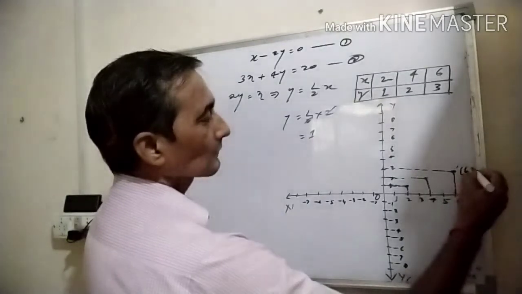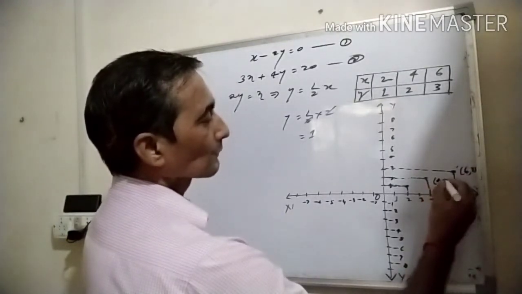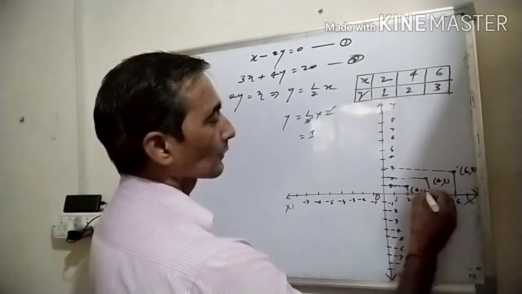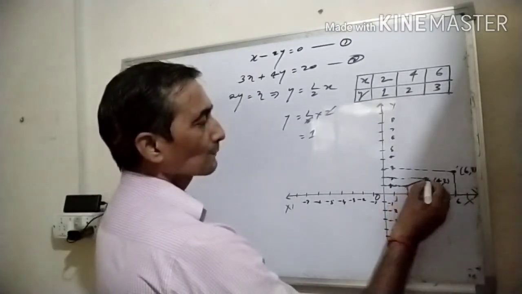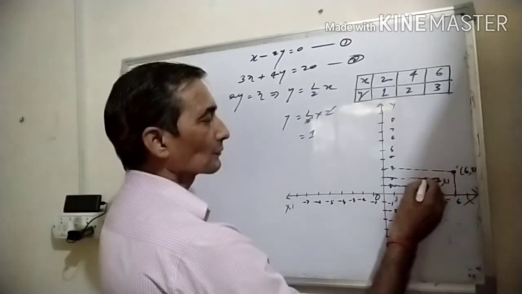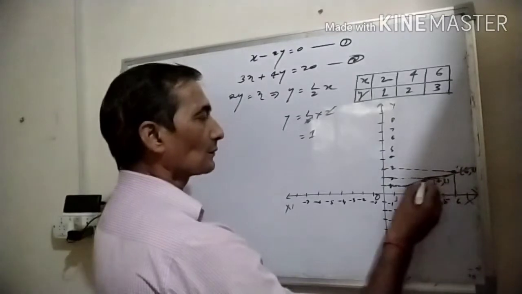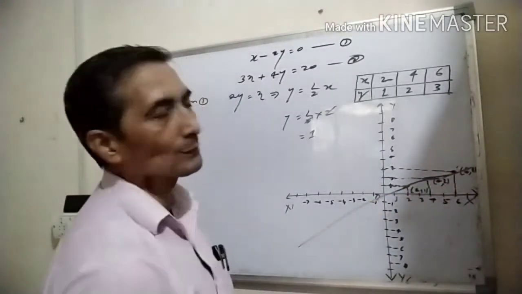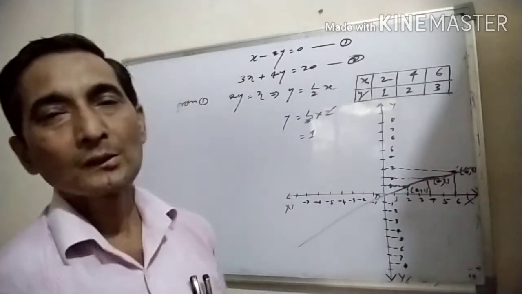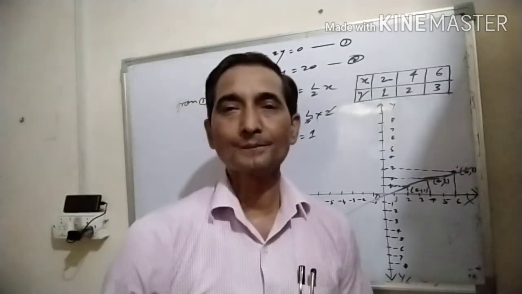This is 6, 3. This is 4, 2. This is 2, 1. And join these points. Join the points like this, and you will get a straight line.